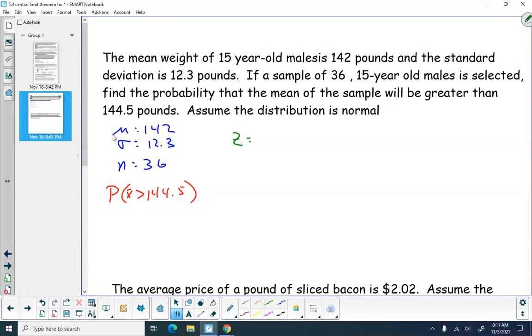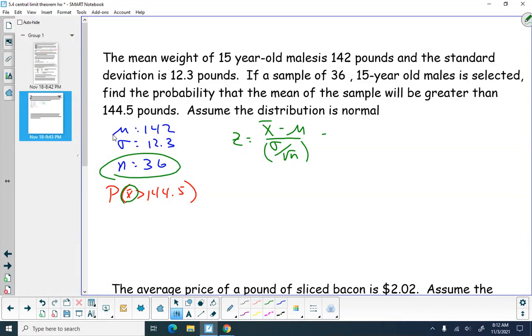So we still go back to our z-value, but now our z is calculated by x bar minus mu divided by standard deviation divided by square root of n. Because we're dealing with a sample, we are testing a sample mean. We're not testing one individual. And we'll talk about that in a second, how we can adjust.